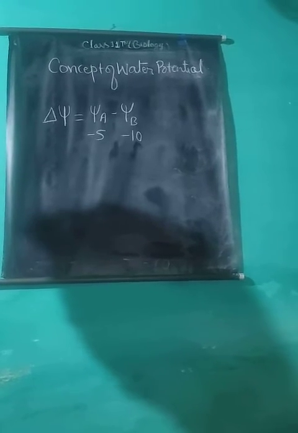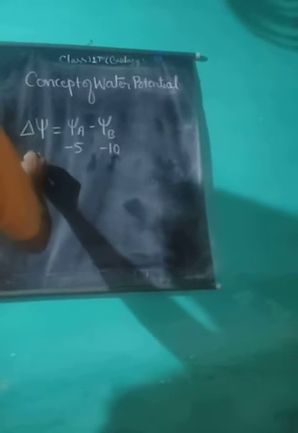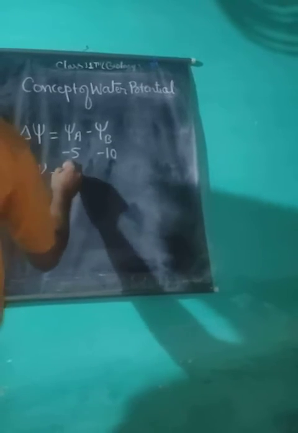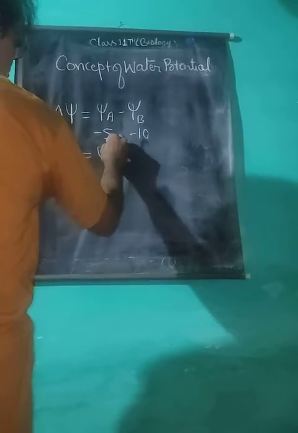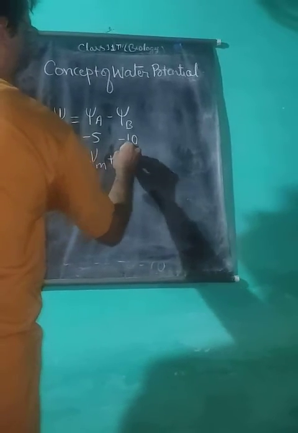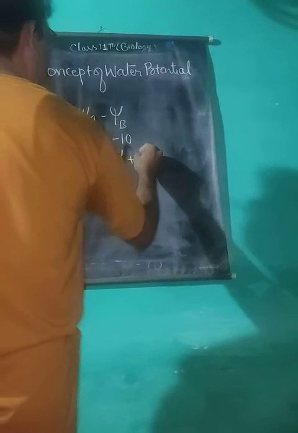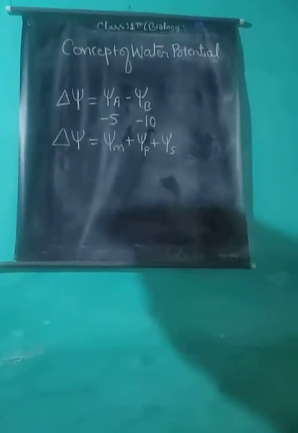The components may be matric potential, solute potential and pressure potential, so water potential, delta psi, is equal to psi m, matric potential, plus psi p, pressure potential, plus psi s, solute potential.